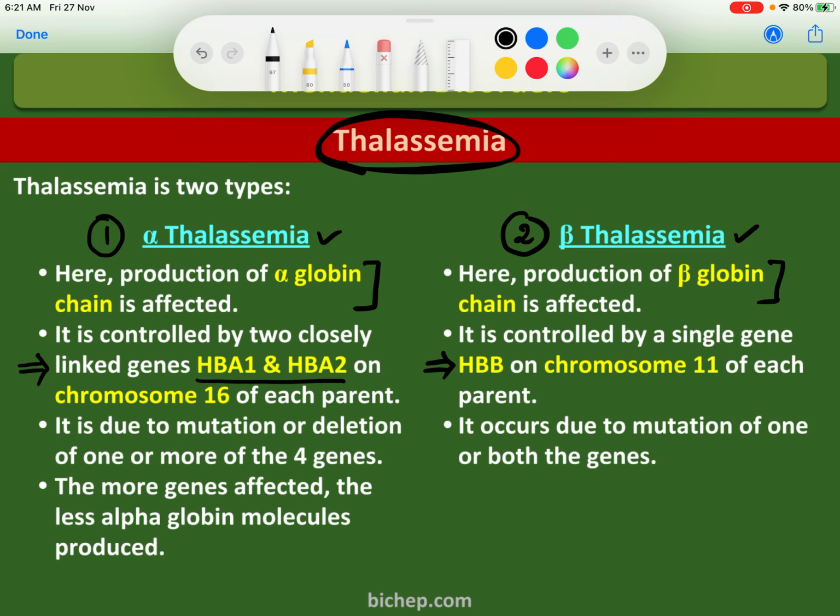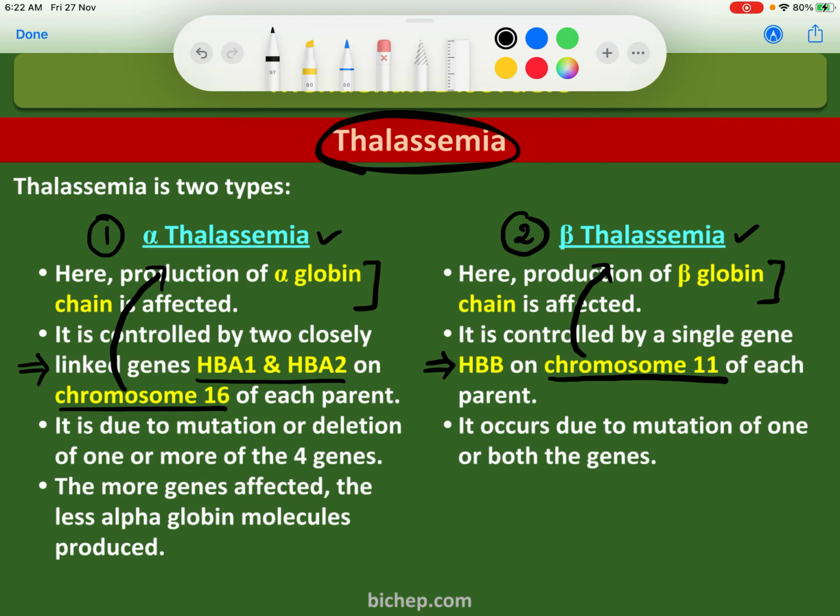HbA1 and HbA2 are found on chromosome number 16, whereas the gene responsible for beta thalassemia, that is the HbB gene, is found on chromosome number 11. So if the mutation is found on chromosome number 16, then it is alpha thalassemia, or if the mutation is found on chromosome number 11, then it is beta thalassemia.